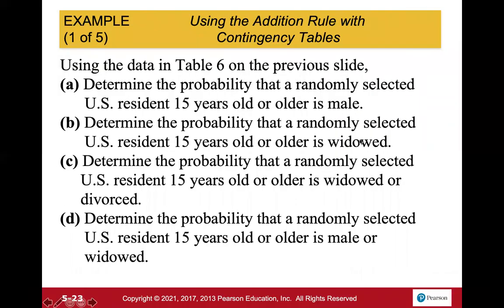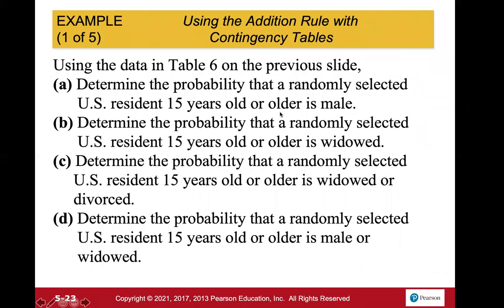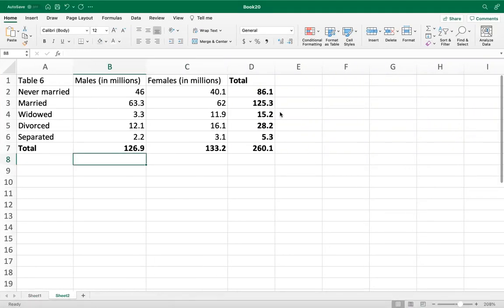All right, so one more time. So 15 years or older is male. So probability of male. So just think of it without looking at this table. So probability of male is N, the number of males divided by the number of the sample space. So here the number of males, all the males, is going to be 126.9, and we're dividing it by the number of the sample space, 260.1.